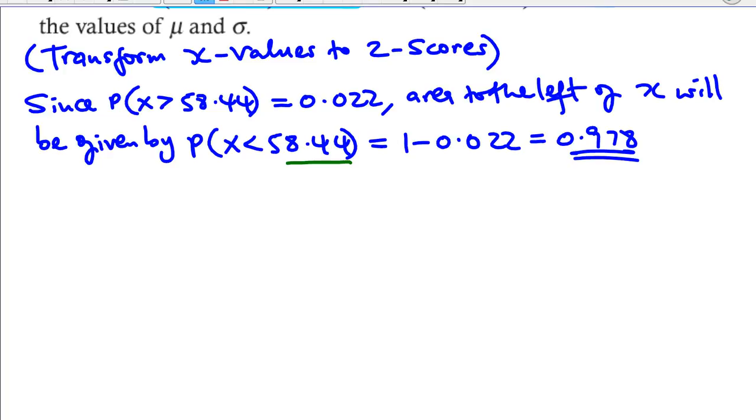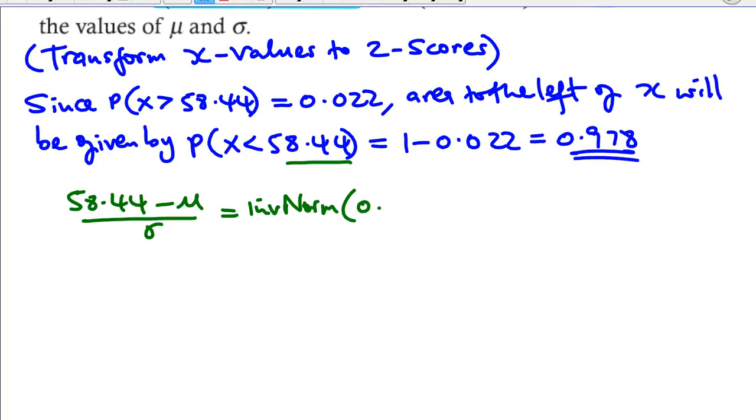So we can say that 58.44 minus the mean over standard deviation is equal to inverse normal of the area. Remember, this is how you'll plug in your calculator.